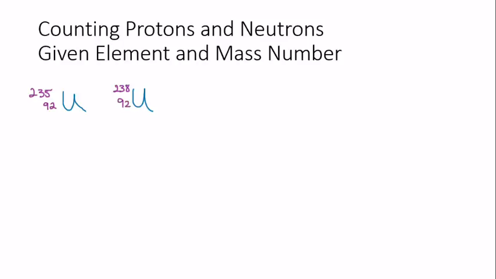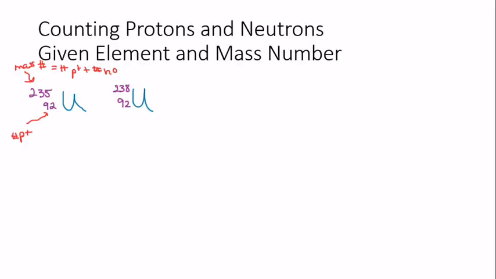This is the mass number, and this is the atomic number. The atomic number is the number of protons, 92, and the mass number is number of protons plus number of neutrons.